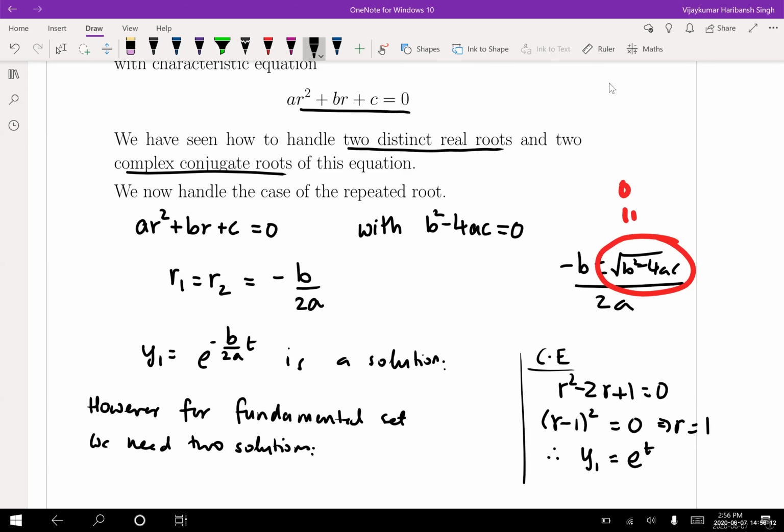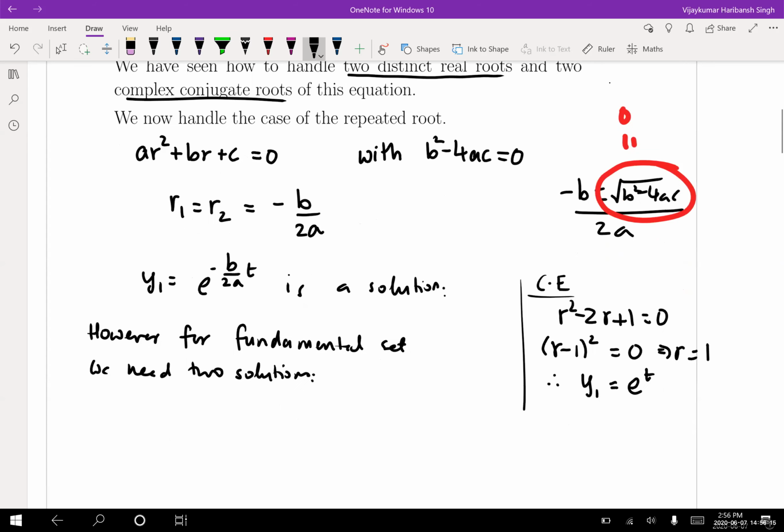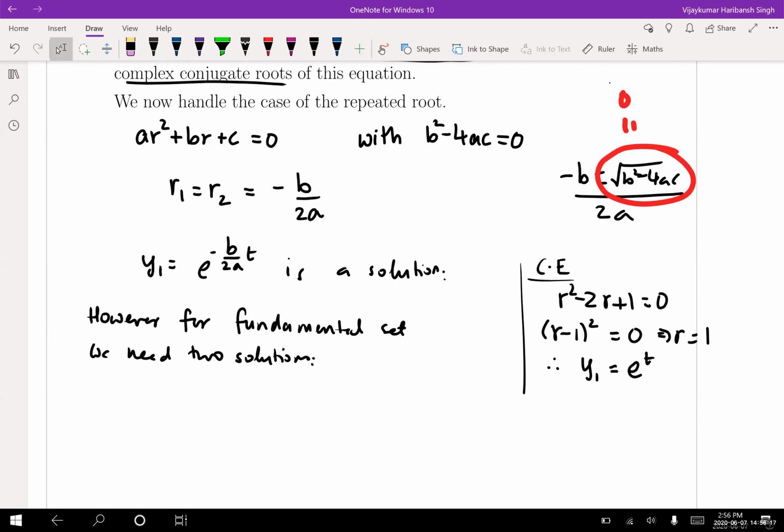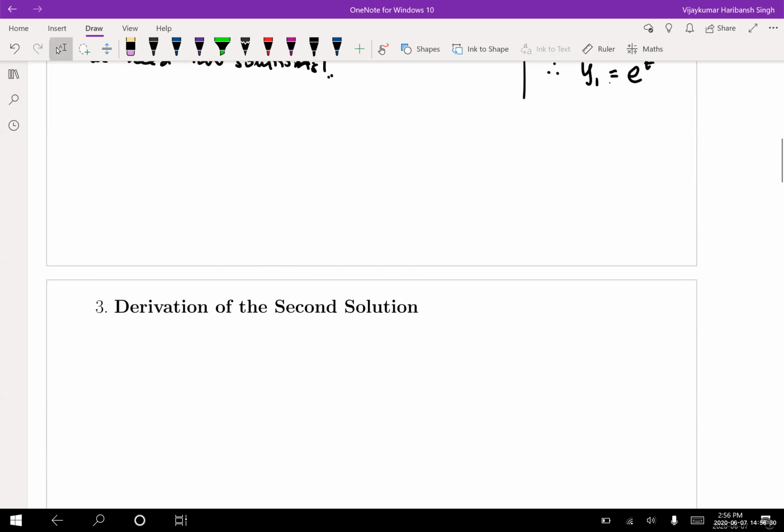The question is, what is the second solution? Because we need two linearly independent solutions to make the fundamental set. So how do you hunt for the second solution? Let's derive it.